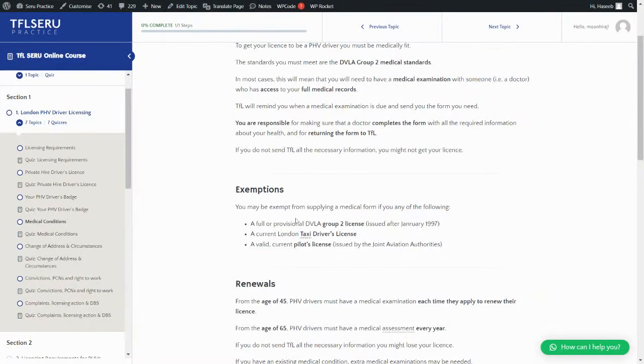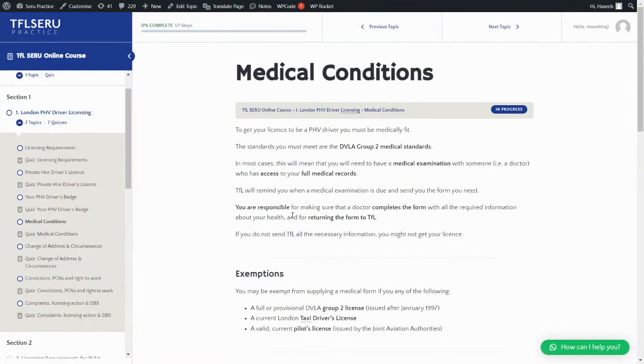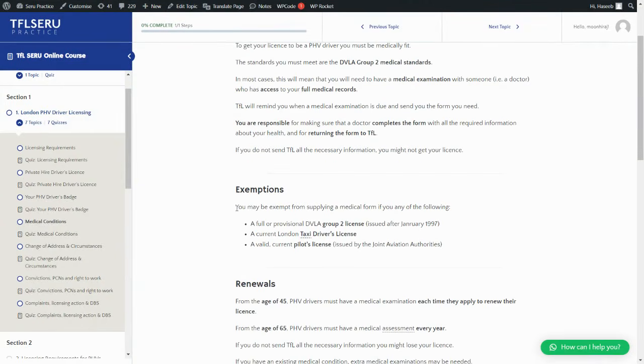For this specific example, on our website in section 1 medical conditions, you can find the answer. You may be exempt. So the first right option is may be exempt from supplying a medical form if you have a valid current pilot's license. So the second option, the right answer, is pilot's license. And the third one is issued by the Joint Aviation Authorities.